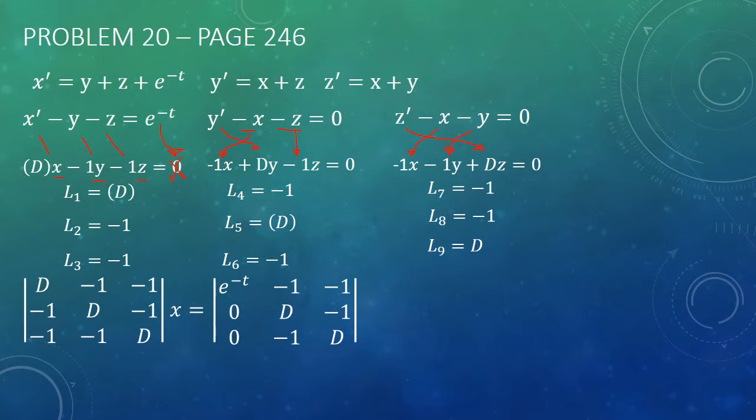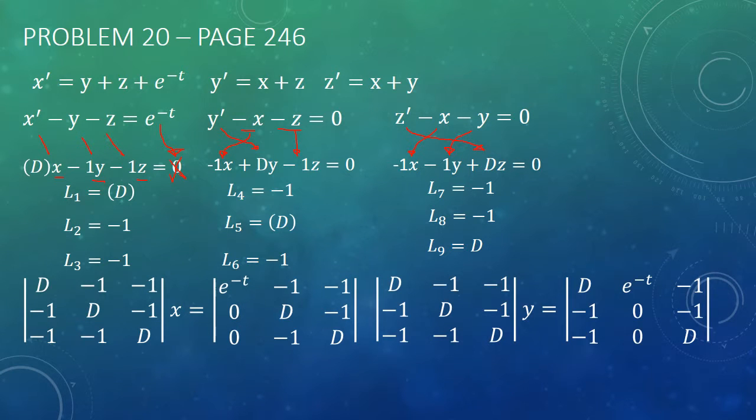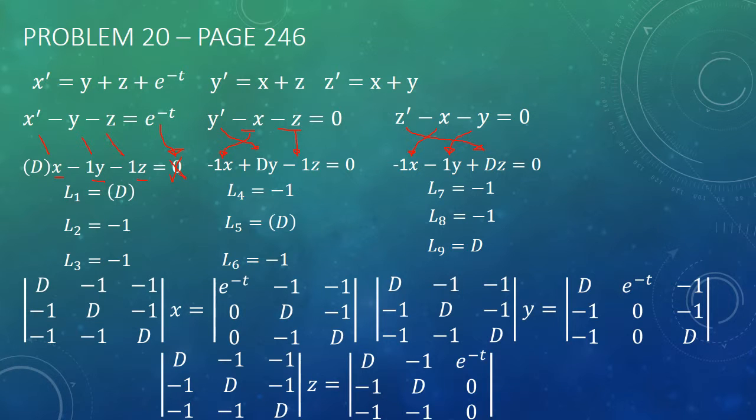So it's e to the minus t, 0, 0, and that first column is there because I'm solving for x. Do the same for y, except I replace the second column of my determinant with what those differential equations are supposed to equal. And then I do the same for z. And now we have to find the determinants.